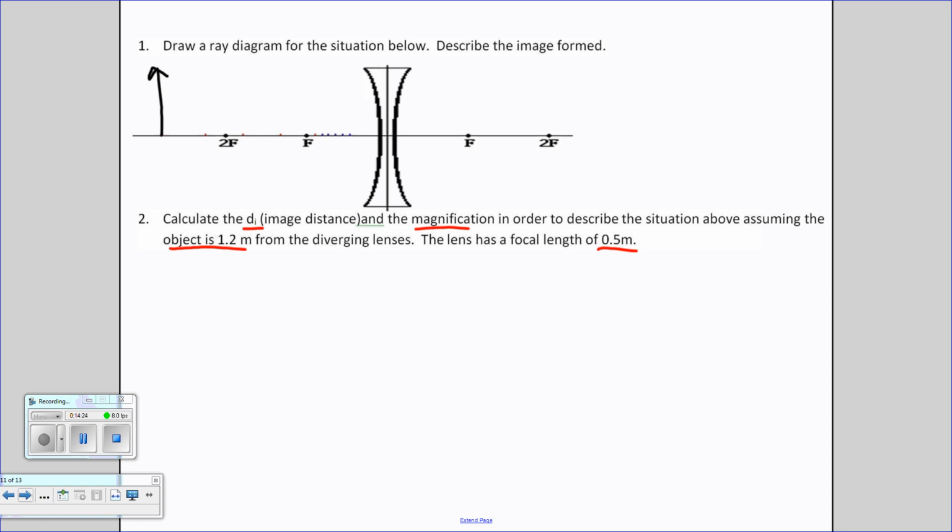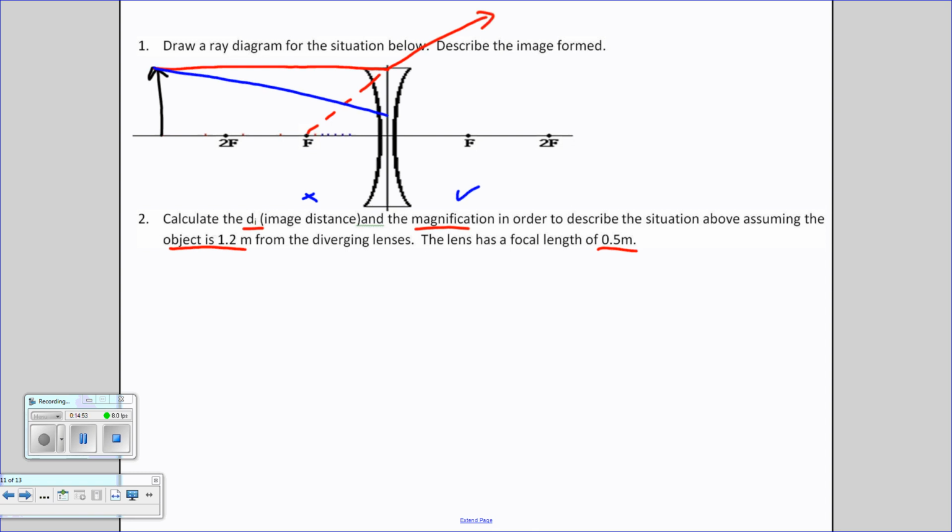All right, so line 1, in parallel, out through focal. In parallel, out through focal. Line 2, in through focal, but not this one, this one.